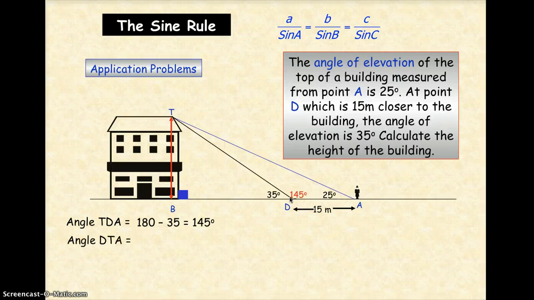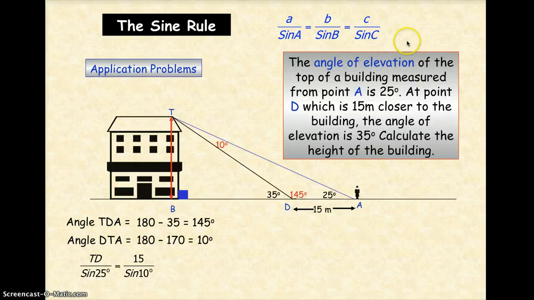Now, to get angle DTA, this angle, you know that the sum of interior angles of a triangle is equal to 180. So you can subtract 180 minus 170 is equal to 10 degrees. Where did you get 170? You add 145 degrees to 25 degrees. Okay, so now you have three.